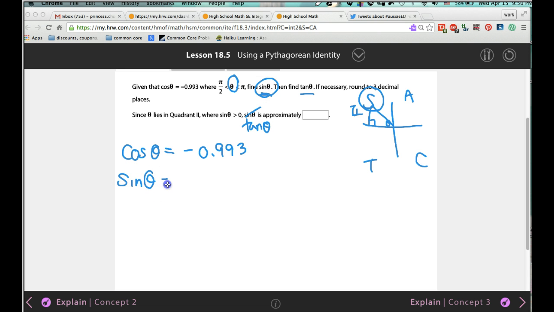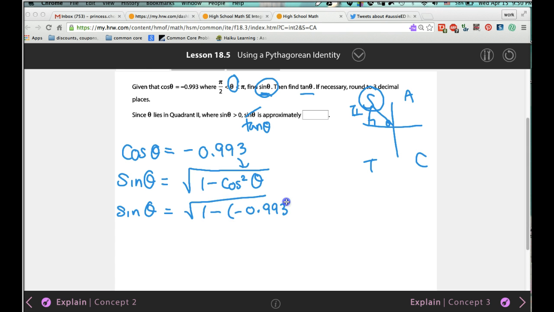So sine theta, and because sine over here is positive, we're going to use positive. And it was the square root of 1 minus cosine squared theta. Okay? And then after that, all we had to do was plug this number in instead of cosine. So sine theta equals the square root of 1 minus negative 0.993 squared. And that's all you had to do, really.